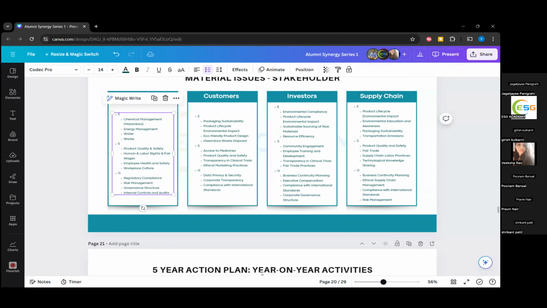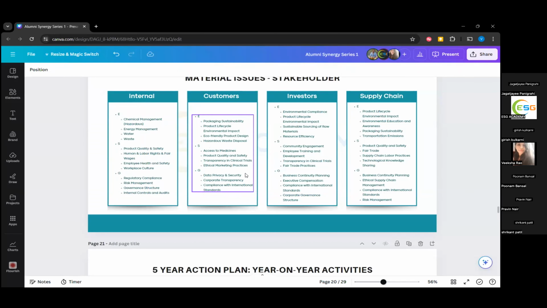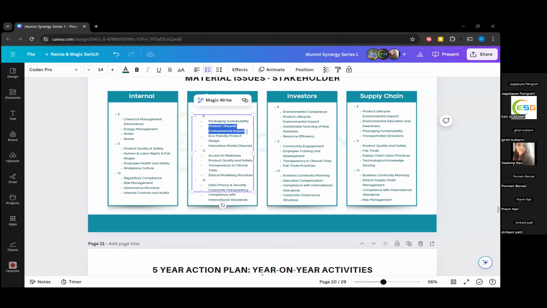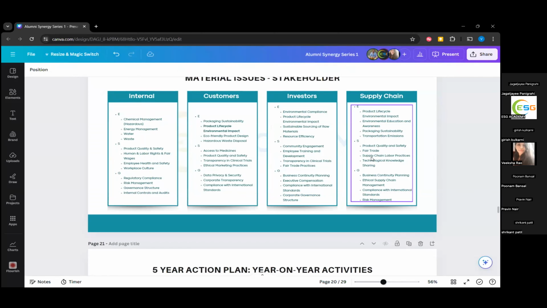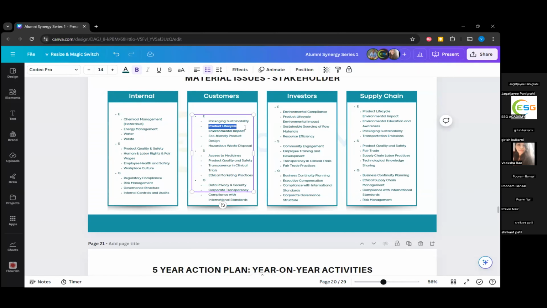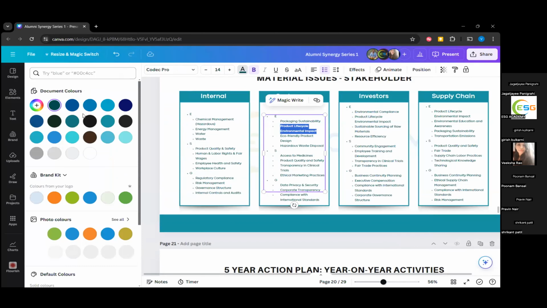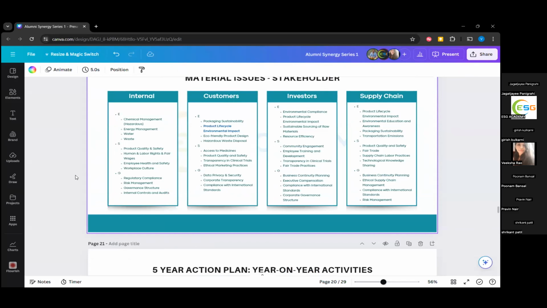Environmental impact. This was one of the things which was repeated again and again, right? Hello, everyone.